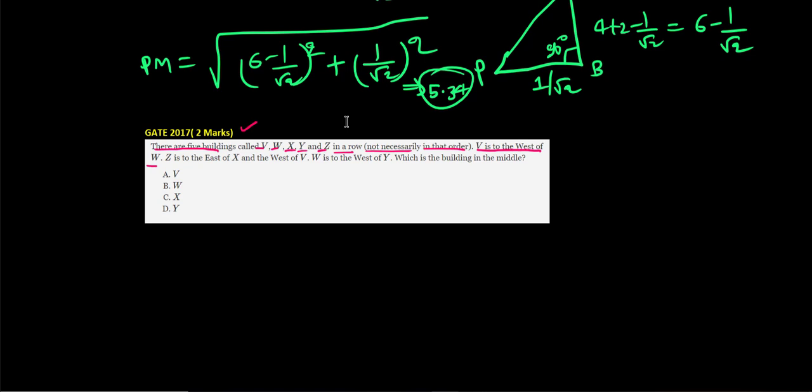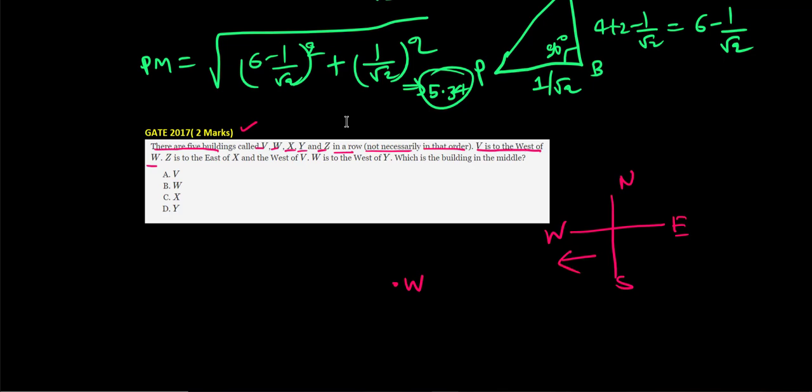So let's draw this pictorially. It is given that, let's say this point is W. Then V is west of W. West means, again draw this direction, so the west direction is in this direction.